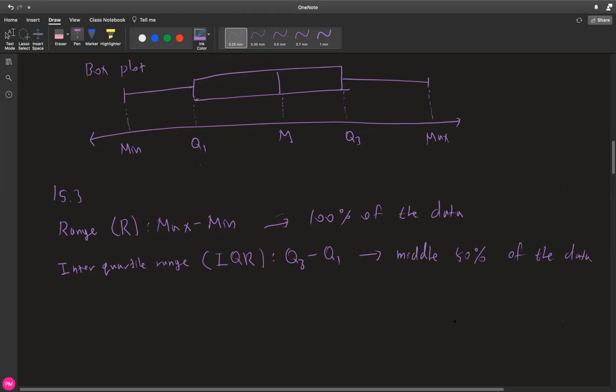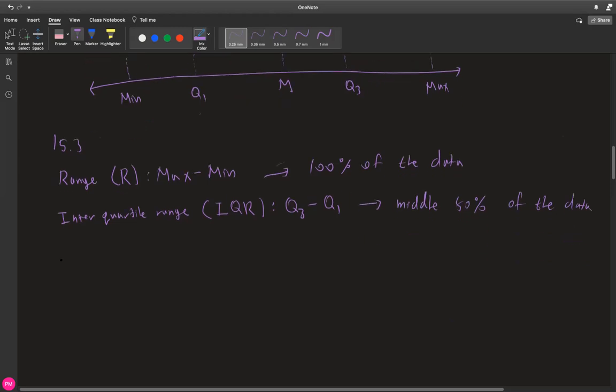The next thing we did was standard deviation. And simply the standard deviation is a measure of deviation from the mean.